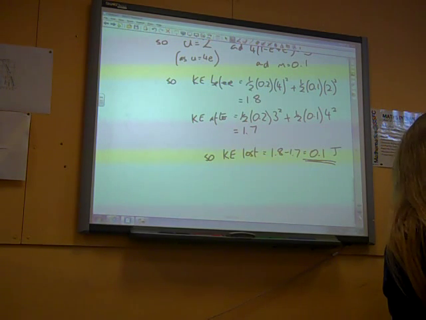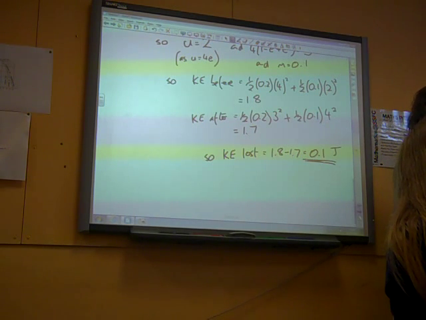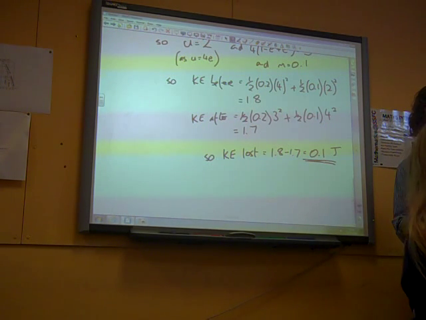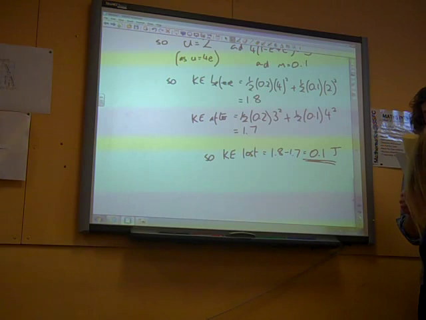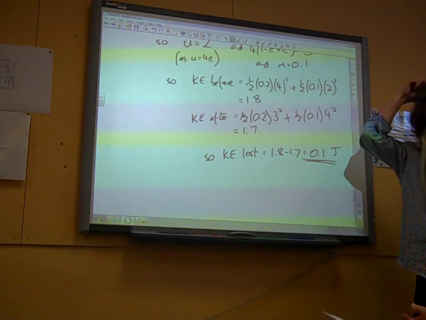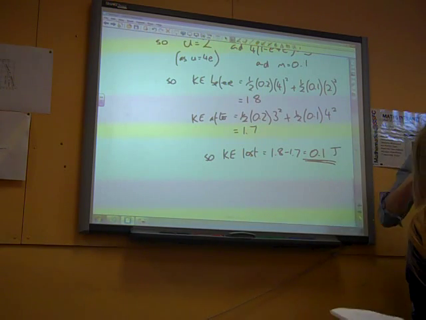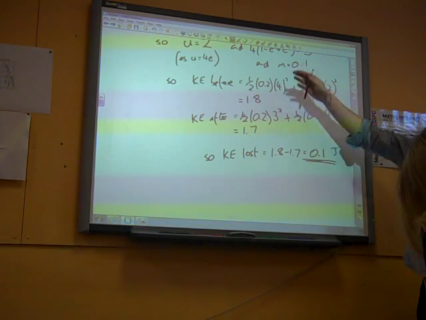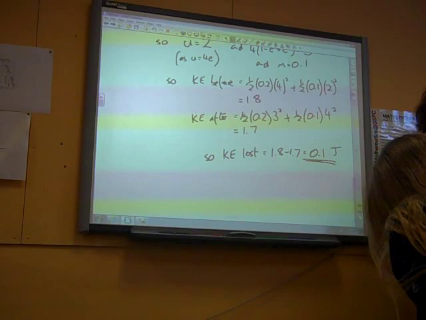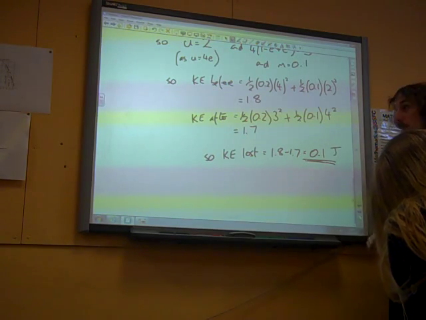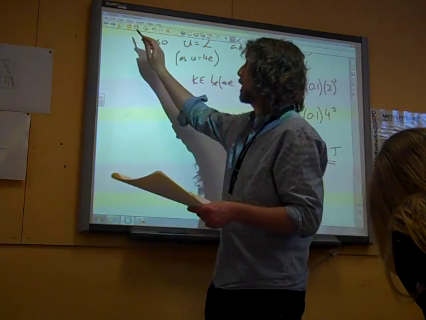Part 3 said, find the possible values of E for which the magnitude of the impulse that B exerts on A is 0.192. Okay, so we backtrack now. All of these things that we worked out have gone again. We're back to finding a different value of E now in part 3.